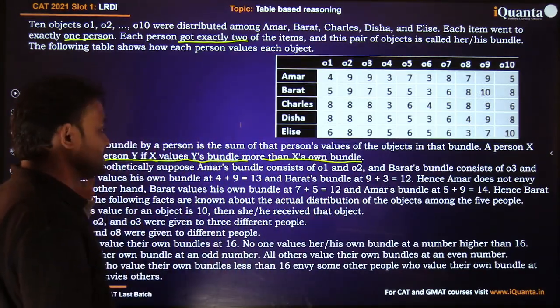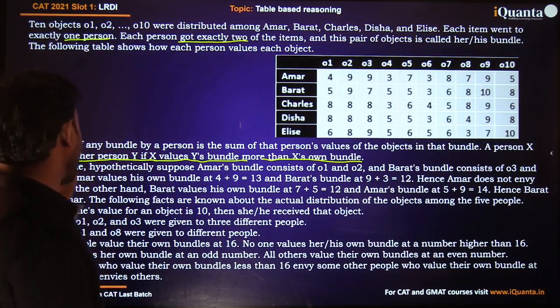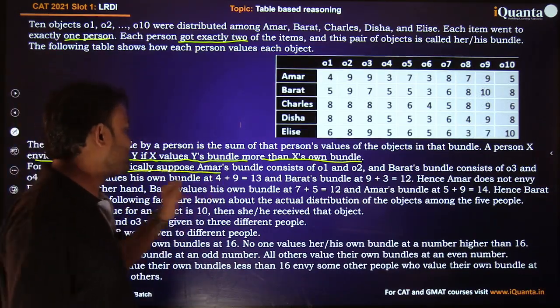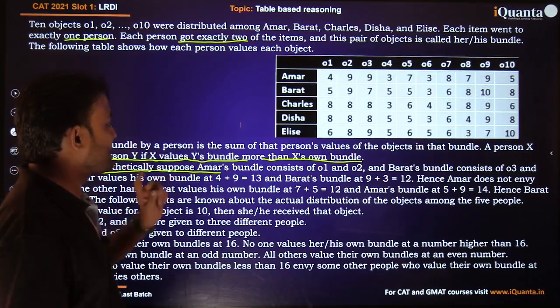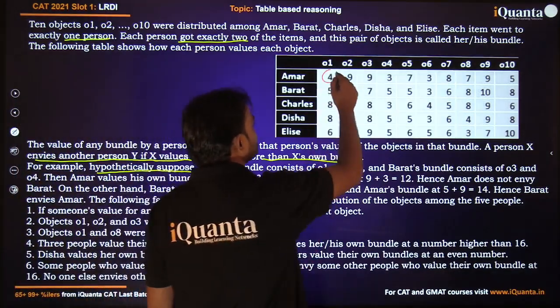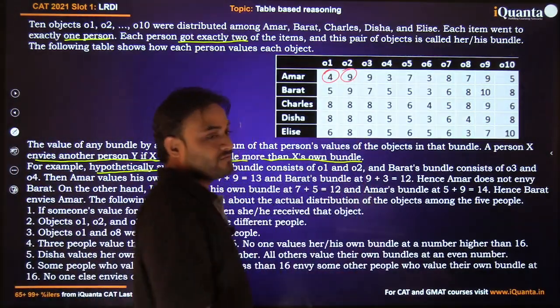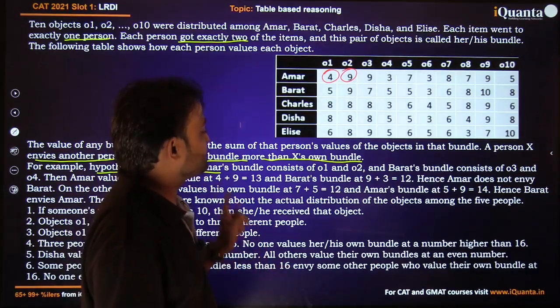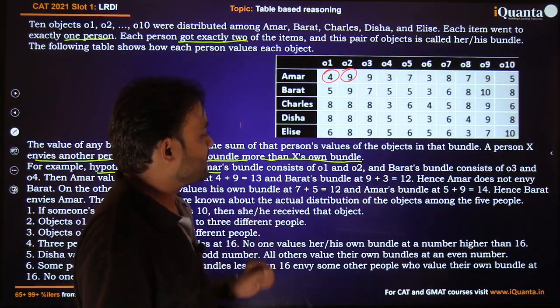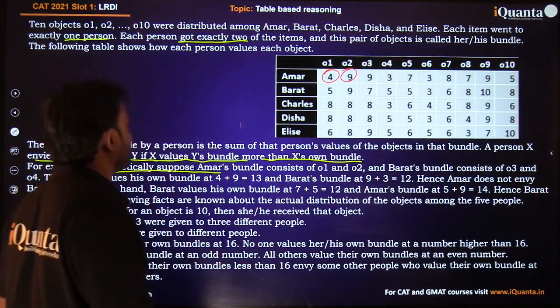Now what's this? An example is given. It says hypothetically, suppose Amar's bundle consists of O1 and O2. So Amar received the first object and second object. Bharat's bundle consists of O3 and O4.